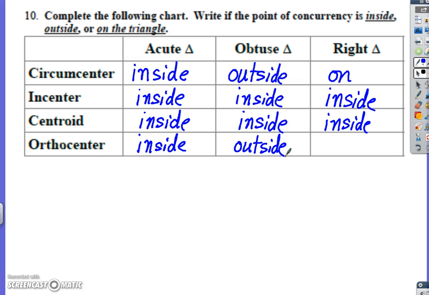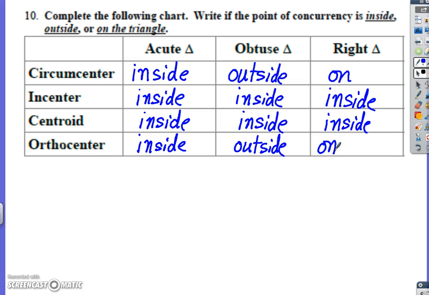And for a right triangle, the orthocenter is actually at the vertex of the right angle. If we have a right triangle drawn, this point right here is going to be the vertex of that right triangle.